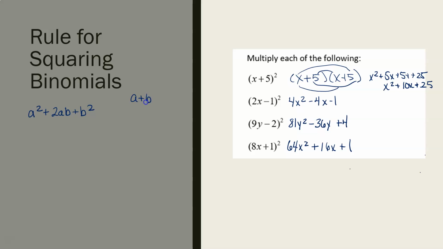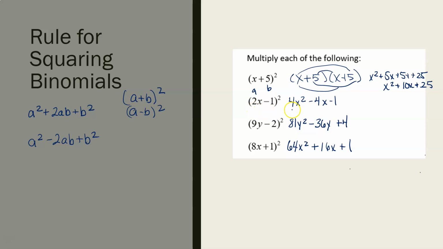So you start out with (a plus b) squared. That's the rule, and here's your pattern. You end up with a squared plus 2ab plus b squared, or a squared minus 2ab plus b squared. If you look at these, this is my a, this is my b.